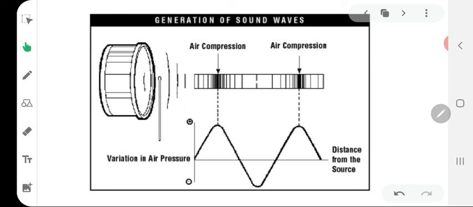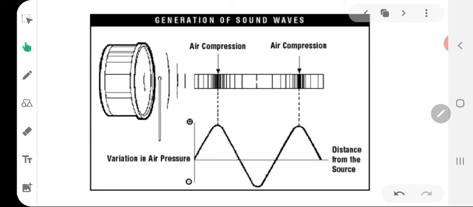Now, whenever sound is generated, the sound travels in the medium in the form of compressions and rarefactions. There is a change in the density of the particles of the medium whenever the sound wave is moving from one part to the other part of the medium. So, the portion of the medium where the density of the particles has increased from the normal is called a compression.